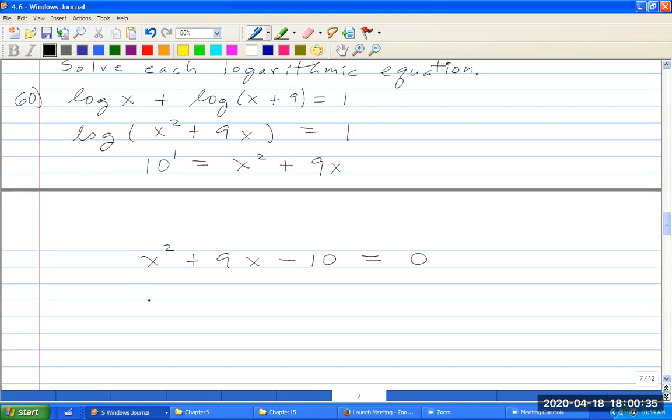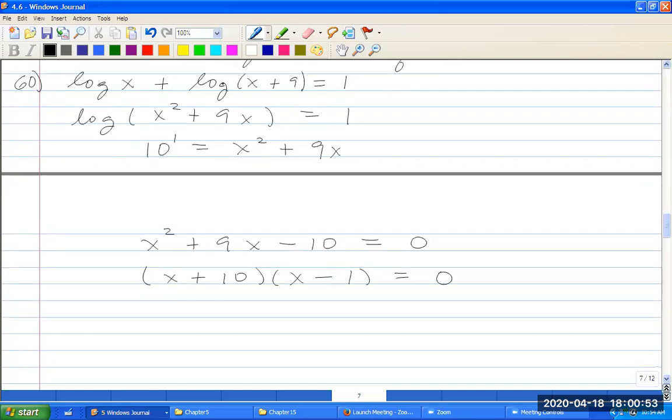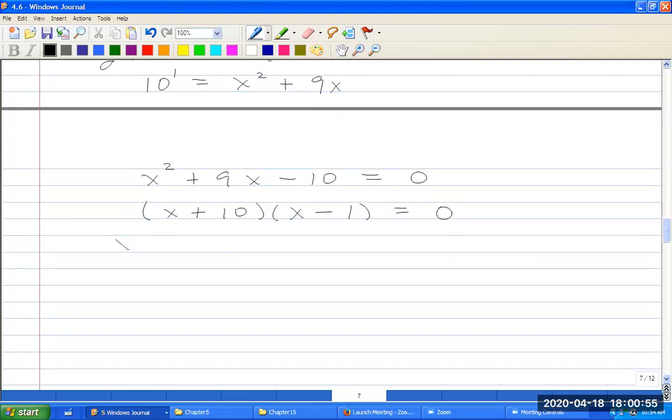So let's factor. This is a monic quadratic trinomial. So x plus 10 times x minus 1 equals 0. Set each factor to 0 and solve for x. So by the zero factor property, x plus 10 is 0, or x minus 1 is 0.